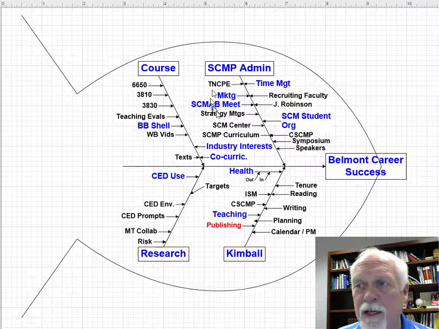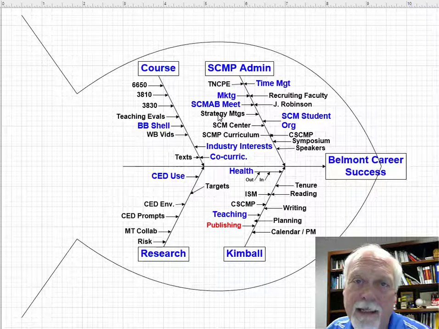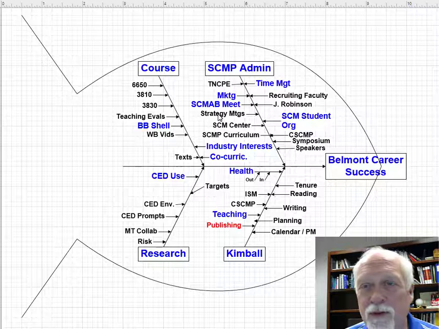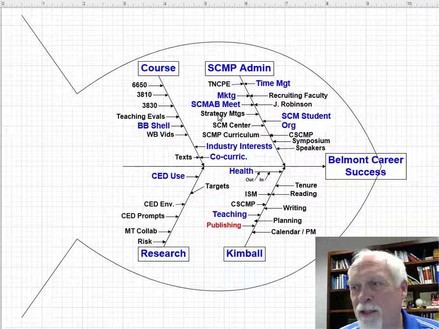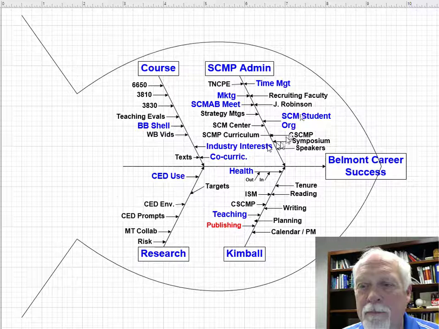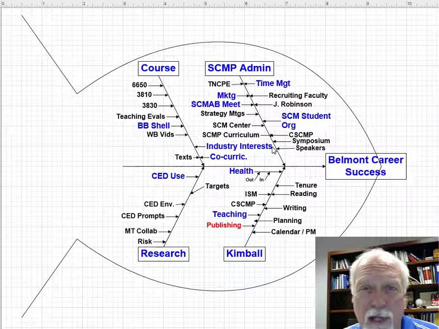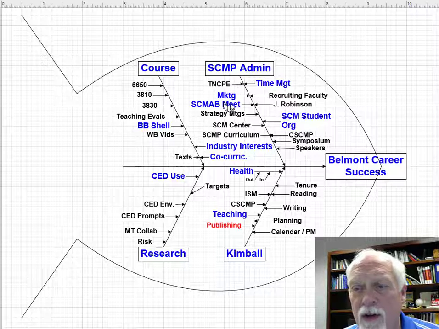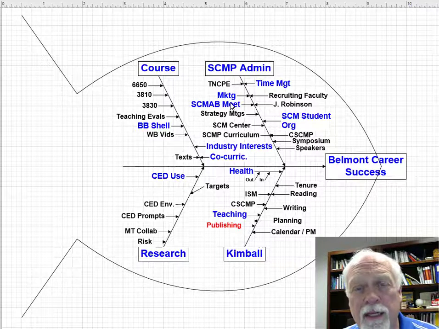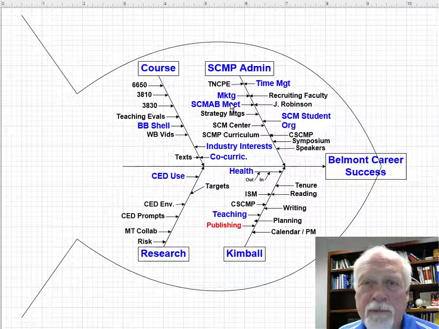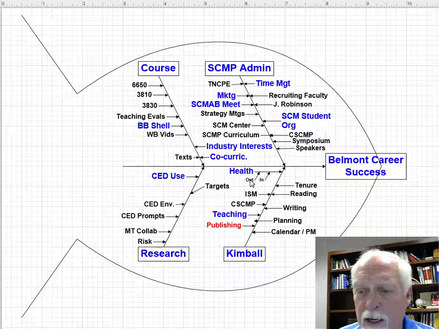Admin came from a hint basically from one of the people that hired me, and said, I sure am looking forward to when you take over the administration of this program. So I'm trying to identify what the steps or tasks would be involved. You notice some are bolded and in a larger font and blue, and that's my first cut on these might be more important or more urgent.